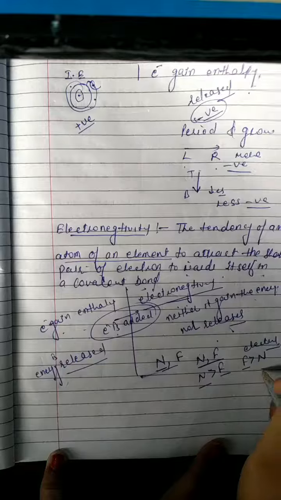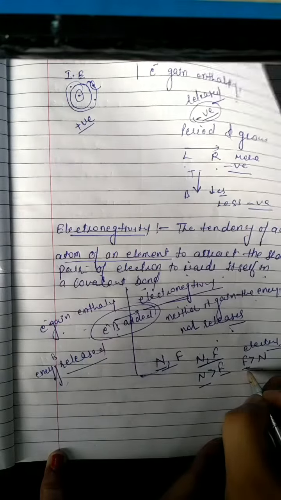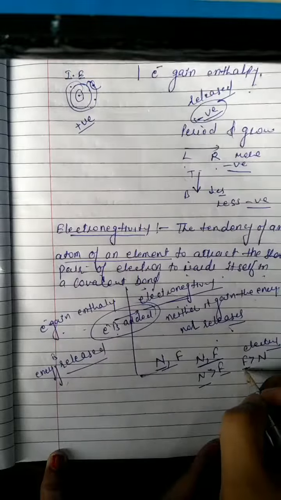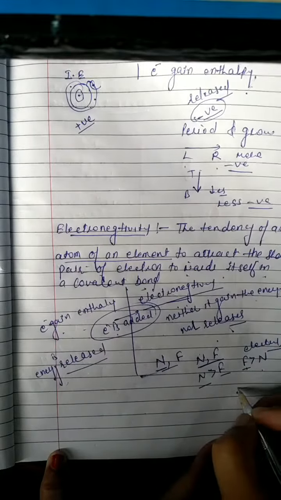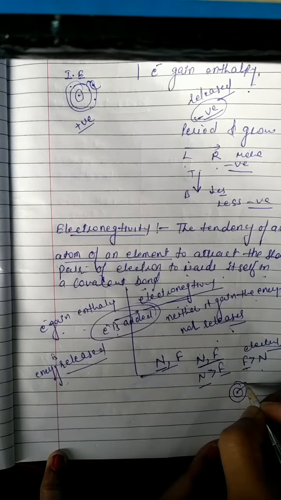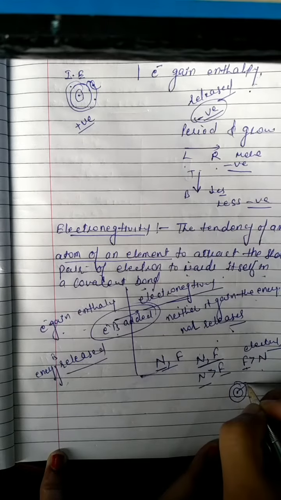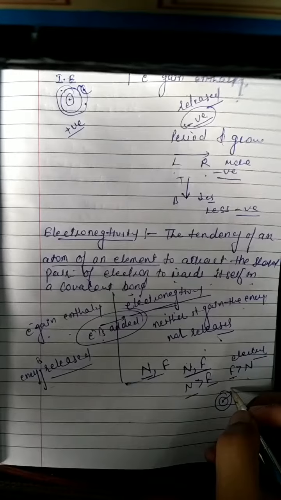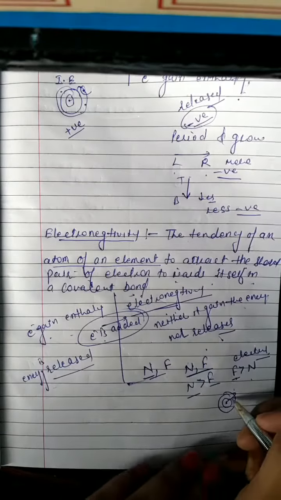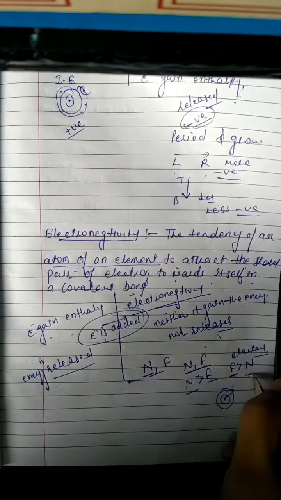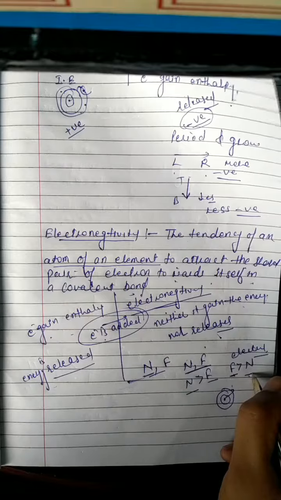What is the reason behind it? Because fluorine has a small size. Due to the small size, the nucleus has more attraction towards the outermost shell to attract the electron towards itself. So that's why fluorine has more electronegativity as compared to nitrogen.